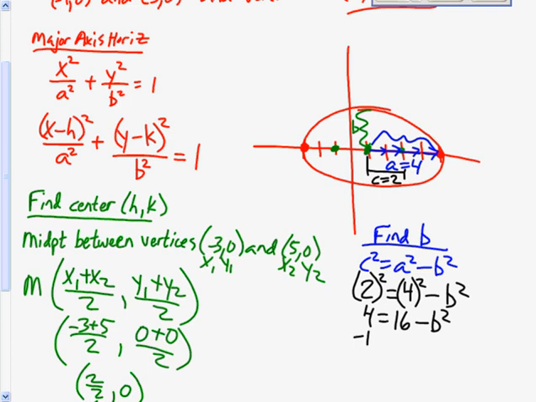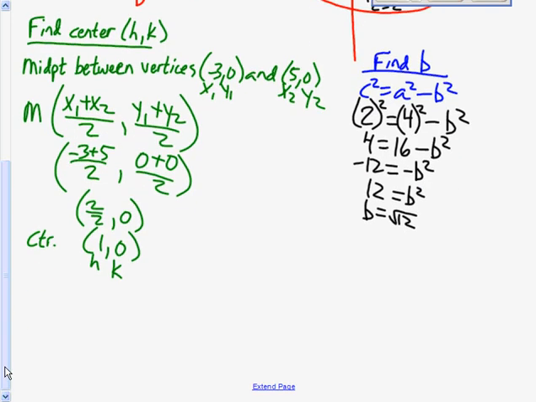Subtract 16 from both sides, multiply by negative 1: b squared equals 12. So b is the square root of 12. All right, so let's go down a little bit here. What do we know now? The first thing is we found our center. Second, we had to find our b after identifying the a and the c distances. Third, let's put it all together into this formula.